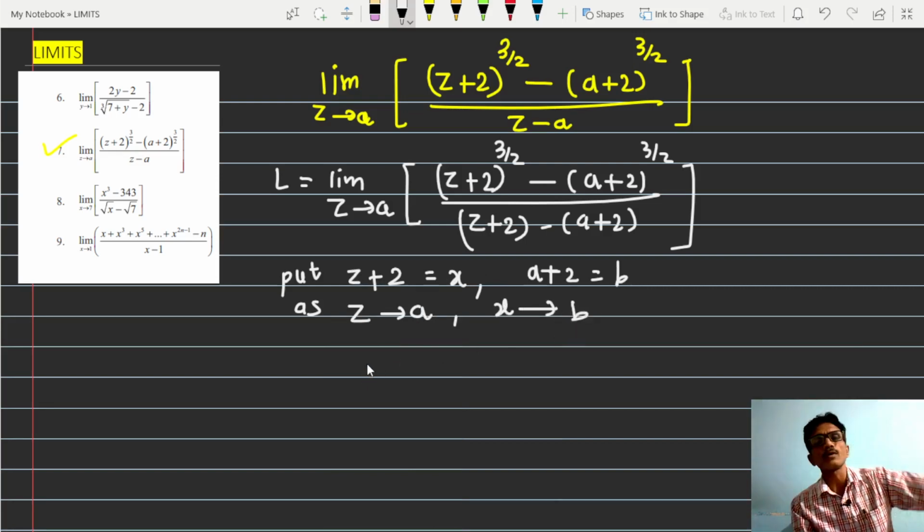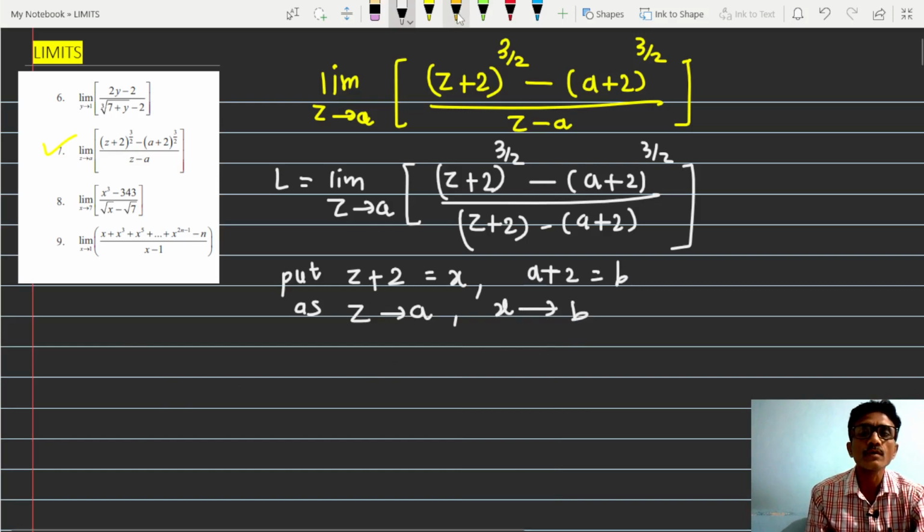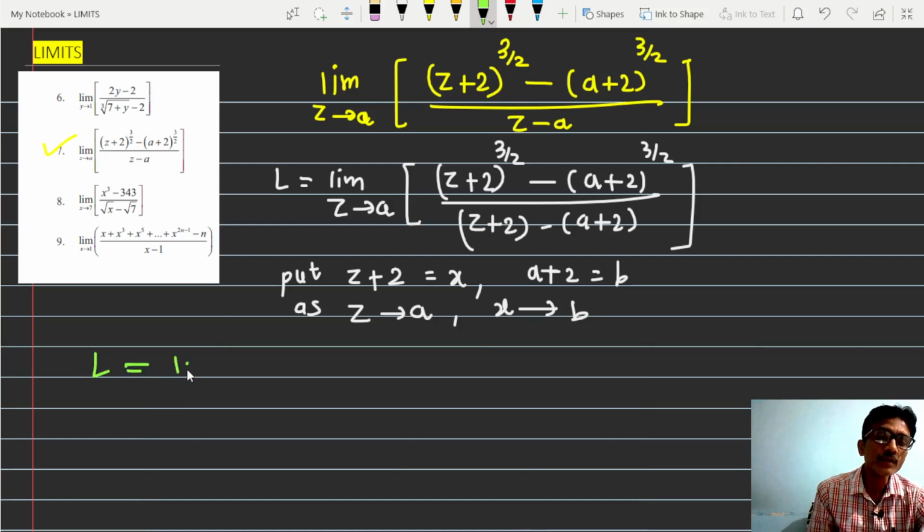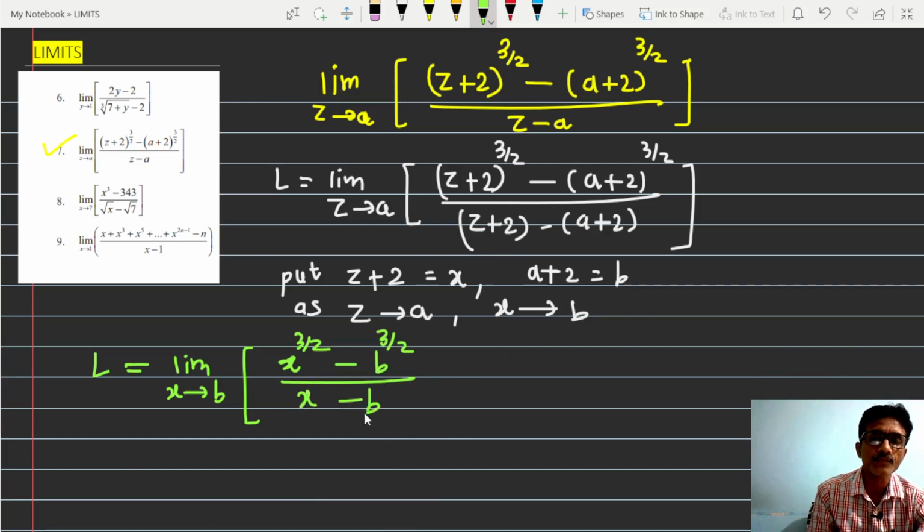So limit L will be equal to limit x tends to b of x raised to power 3 by 2 minus b raised to power 3 by 2. Denominator z plus 2 is x और a plus 2 is b.